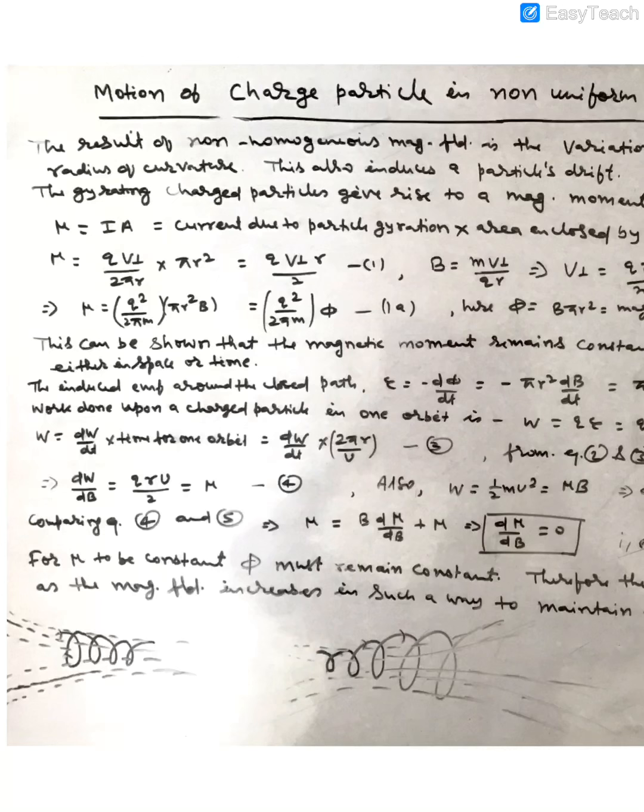And in the opposite case, when the particle enters a region where there is variation in the magnetic field in such a way that the particle moves from higher to lower magnetic field region, in order to keep phi constant, the particle's orbit will expand with decreasing magnetic field.